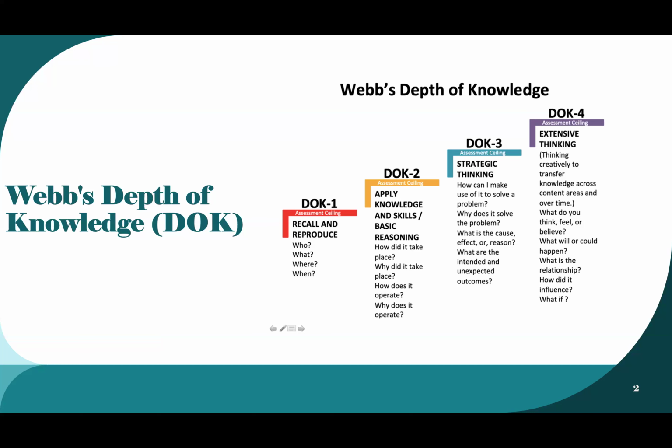The fourth level, which is extended thinking, involves tasks that require students to synthesize information from multiple sources, make connections across disciplines, and engage in complex problem solving. The tasks are often open-ended and require students to demonstrate high-level analytical and critical thinking skills.